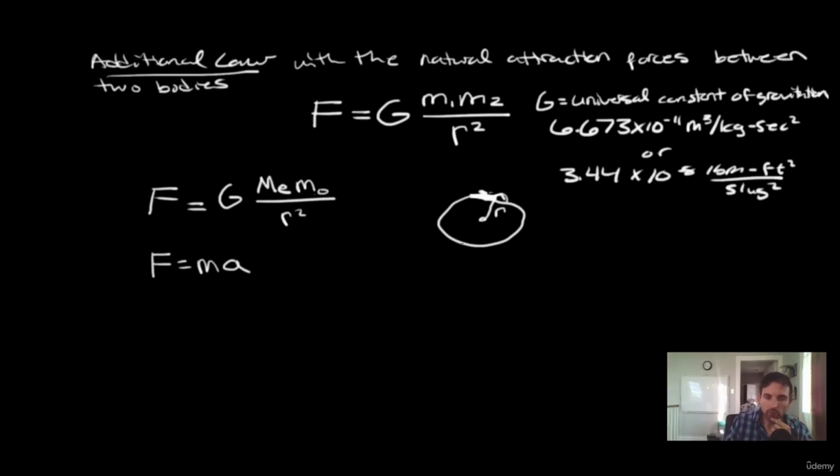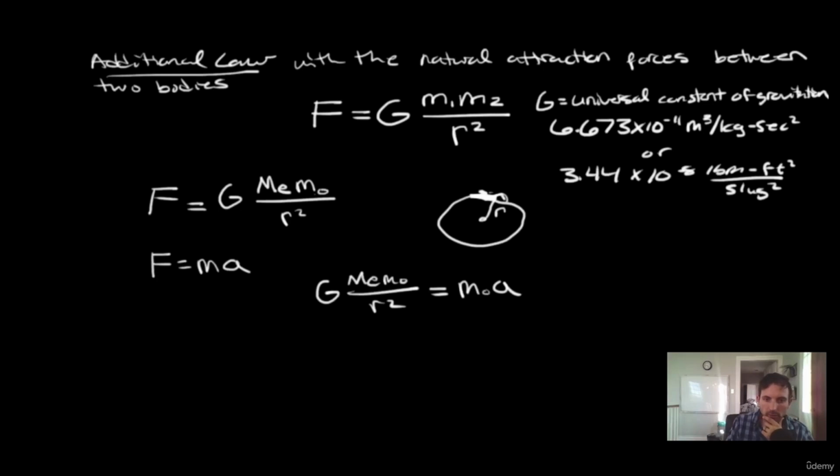And so we can say that the gravitational constant times the mass of the Earth, mass of the object, over the radius squared is equal to the mass of the object times the acceleration of the object, right?